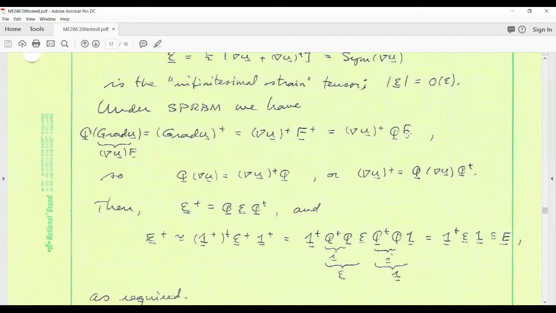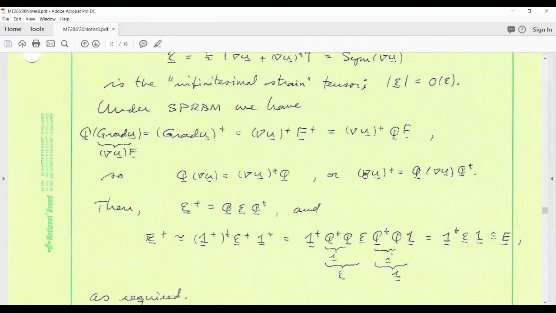F plus, of course, is QF. Compare this side to this side and multiply on the right by F inverse. F is invertible. You simply get Q spatial gradient of U is the plus version of that times Q, or in other words, the plus version of spatial gradient U, that is after superposed rigid motion, is equal to this.